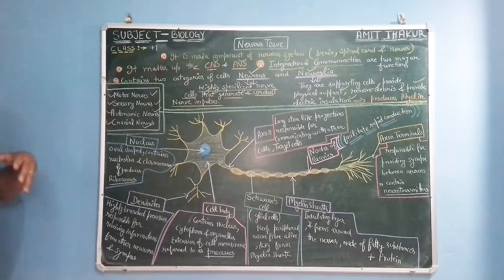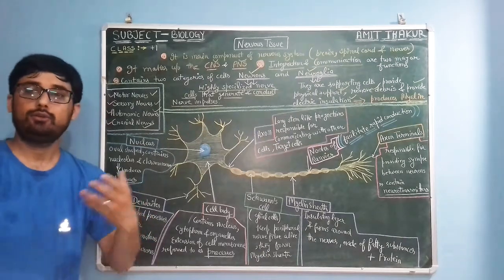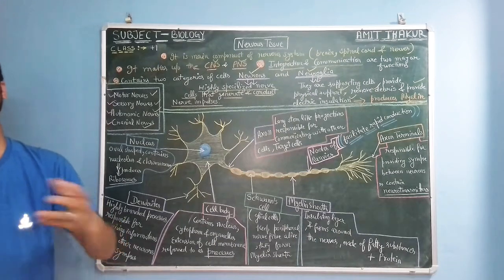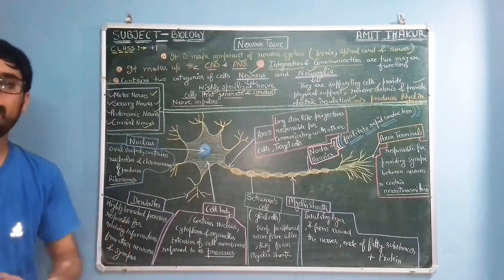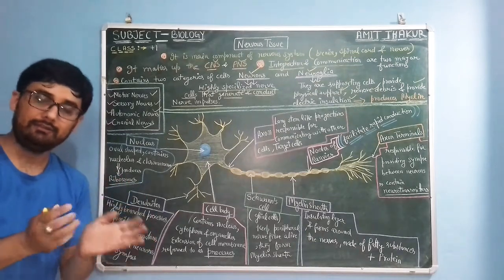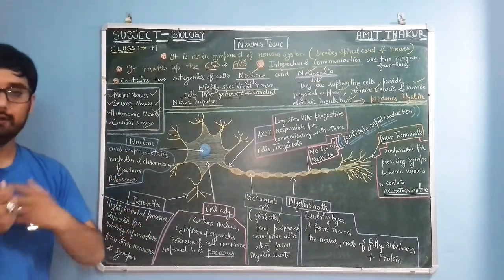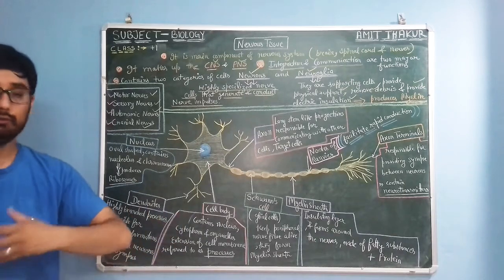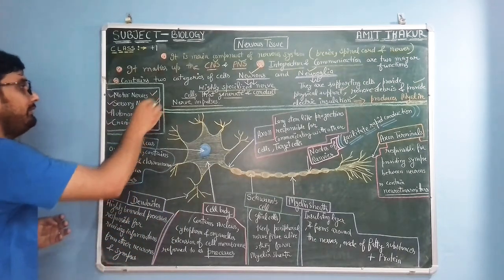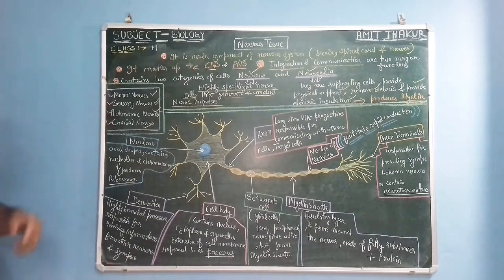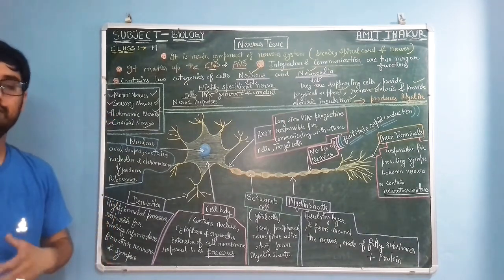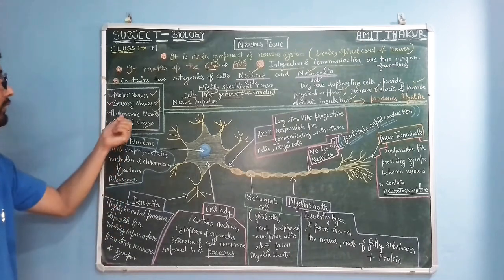Sensory nerves: when we sense heat, cold, and all the physical or chemical things around us, we are able to sense all of these things. Feeling hot, feeling cold, all of this is possible due to these sensory nerves. Autonomic nerves: the function of our stomach, smooth muscles and heart muscles is only possible through these autonomic nerves.